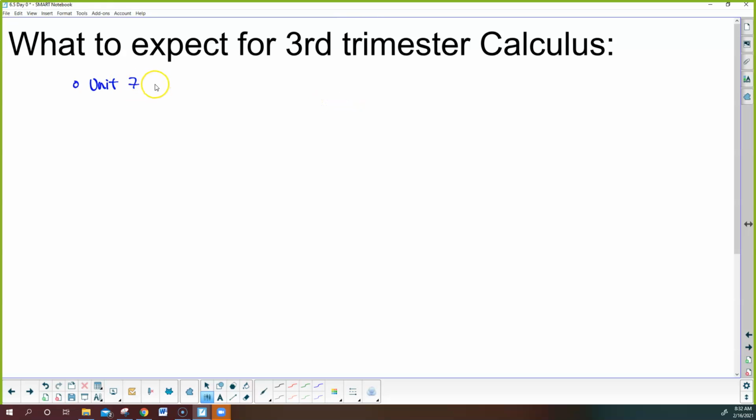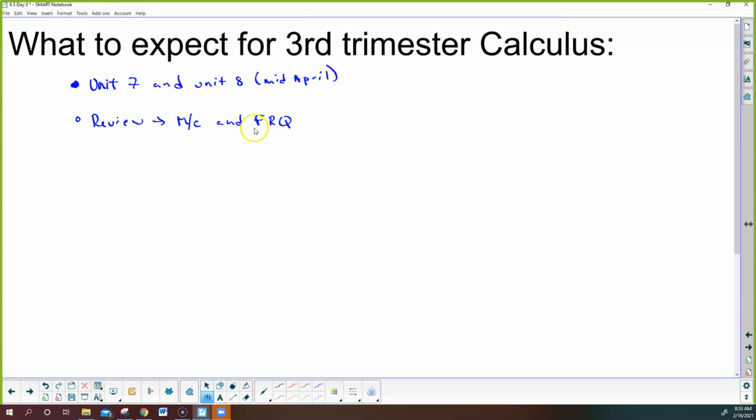We're going to cover Unit 7 and Unit 8. And my guess is that's going to take us to about mid-April. So if you think of that, mid-April, we'll be done with calculus. And then what are we going to do for the rest of the time? We're going to review. With that, we're going to review multiple choice style questions and free response.